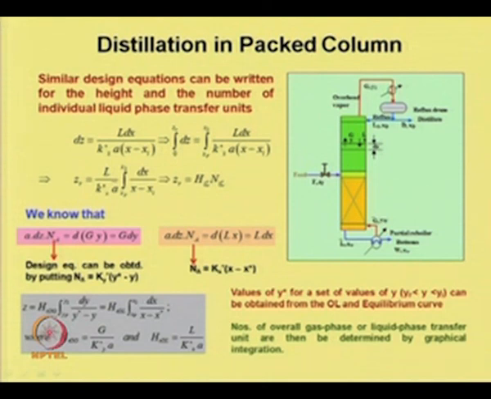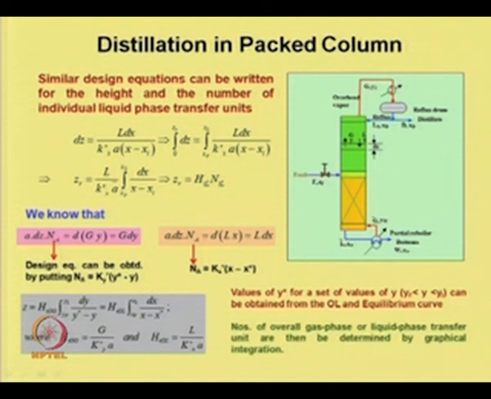Now, we know that from the differential mass balance a dz NA is equal to G into dy. So, if we write in terms of the overall gas phase mass transfer coefficient, capital Ky dash into (y minus y star), where y star is the equilibrium concentration, then we can write Z as equal to HTOG into NTOG.